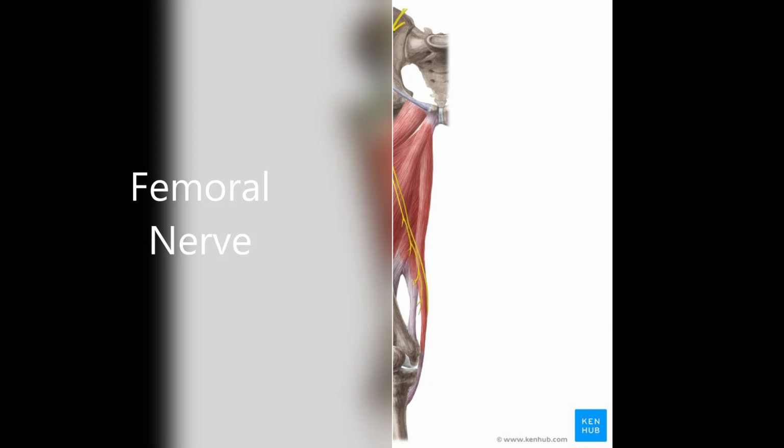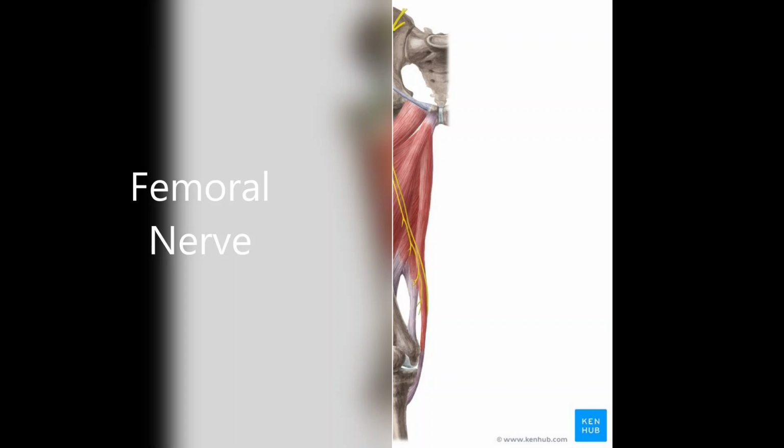The femoral nerve is a mixed nerve. It has a cutaneous supply and motor supply. When considering the cutaneous supply, it has two parts. The anterior femoral cutaneous nerve supplies the anterior and lateral skin of the thigh. The other branch is the saphenous nerve.